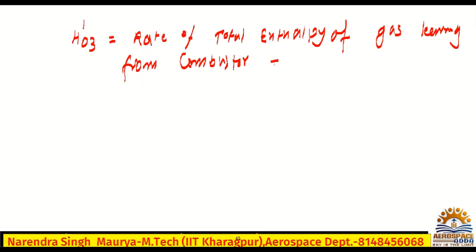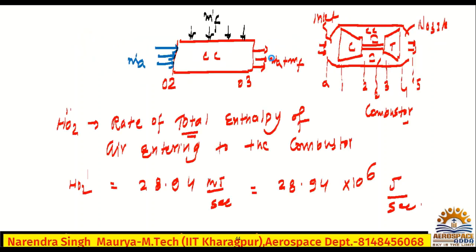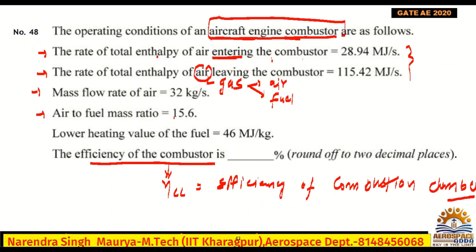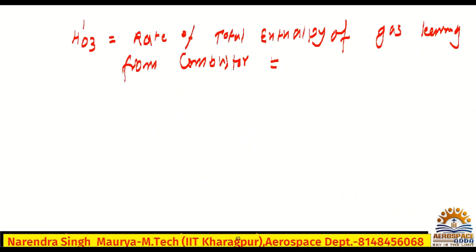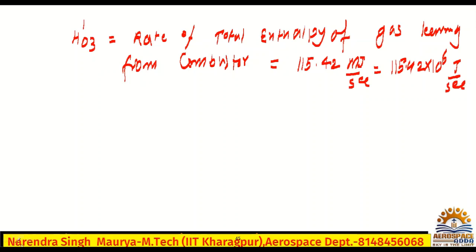The value given is 115.42 megajoule per second, or 115.42 times 10 to the power 6 joule per second.